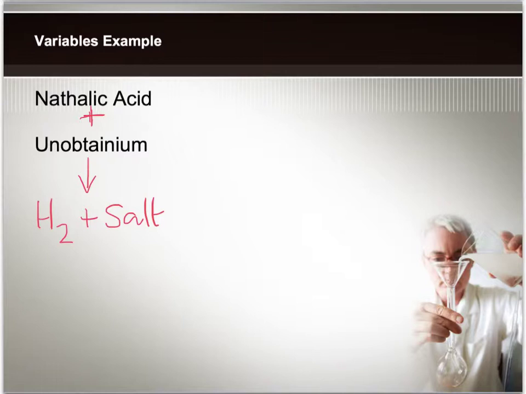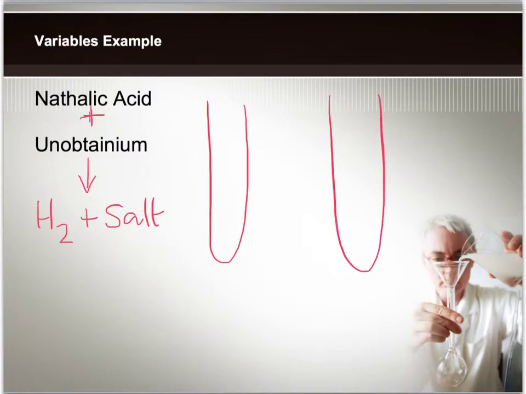But let's say, for instance, that we are going to be combining these two and looking at how the concentration of naphthalic acid affects the rate of reaction. What we would be doing would be using various test tubes.